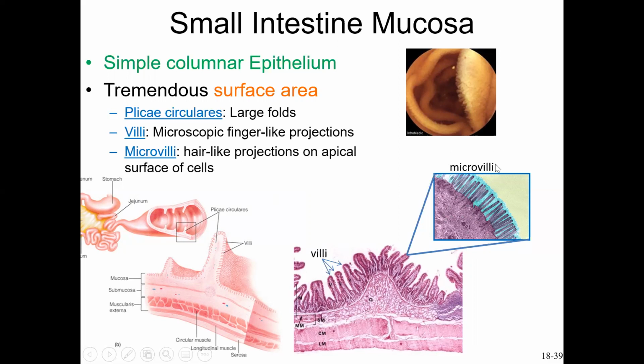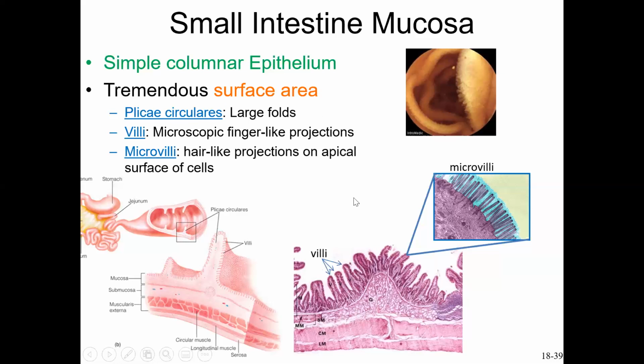Remember that microvilli look a lot like cilia, but they are different because they do not move, they do not create currents, they are not moving food along. Their job is simply to increase surface area. So the functional significance of the plica circularis, the villi, and the microvilli is all to increase surface area.